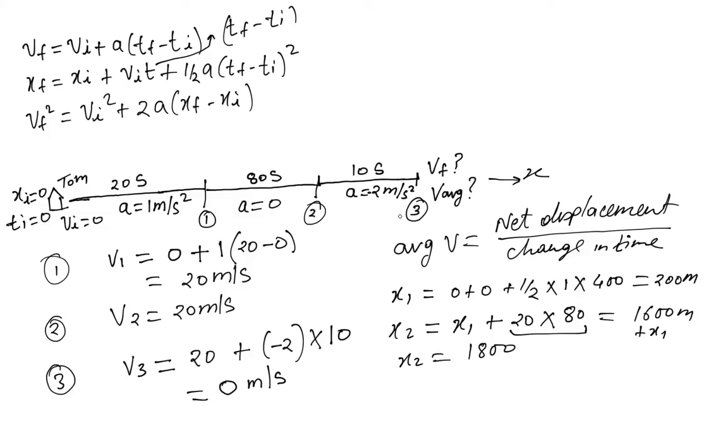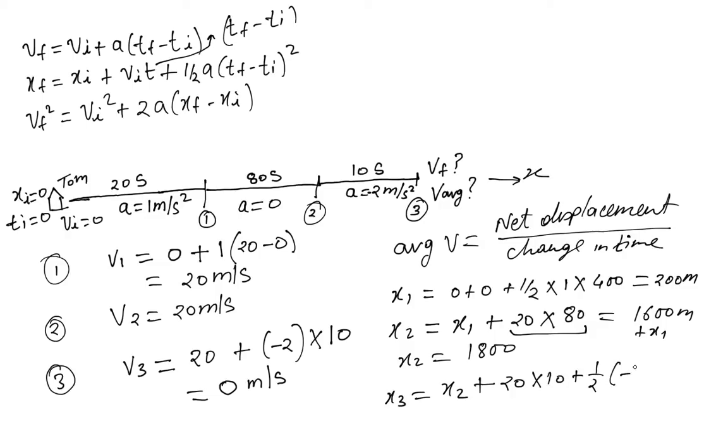Now let's calculate the distance traveled in the last section, and again we will be using this particular equation. So what is xf? Xf is actually x3. What is xi? Xi is actually x2. What is vi? Well, vi is nothing but 20. And what is tf minus ti? Well, tf is here and ti is here, so tf minus ti we already mentioned to be 10, so multiplied by 10 plus half a t squared, so it's half.